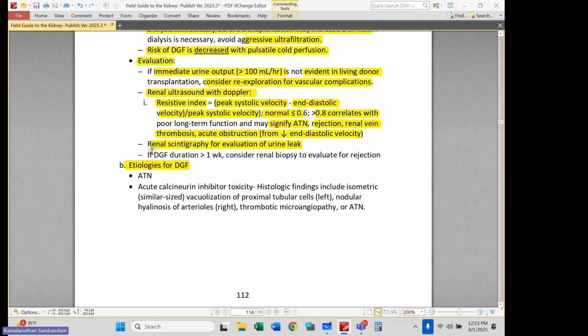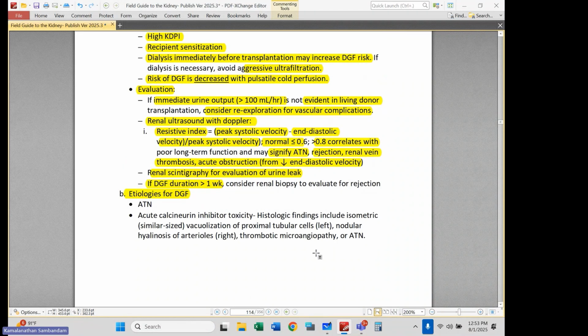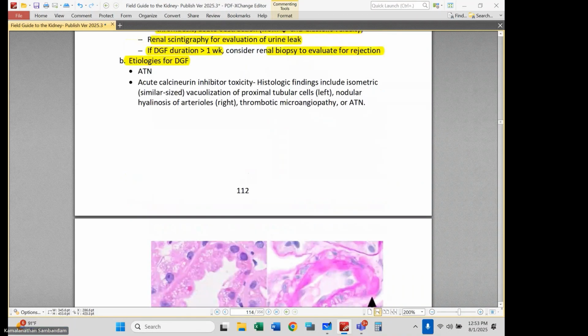So scintigraphy can tell you something about perfusion, but is usually used to look for leaks of urine post-transplant. If DGF lasts longer than a week, most centers will say, let's biopsy this patient, looking not just for ischemic injury, ATN, but rather for an early rejection. Okay.